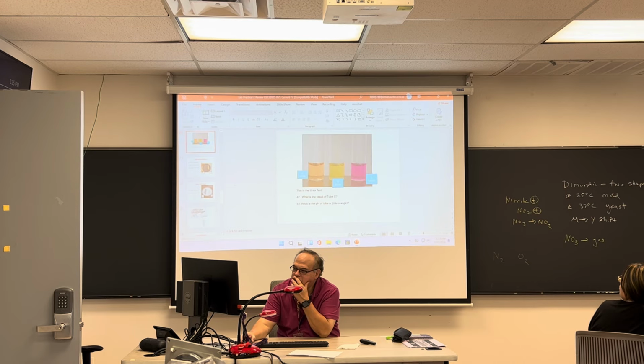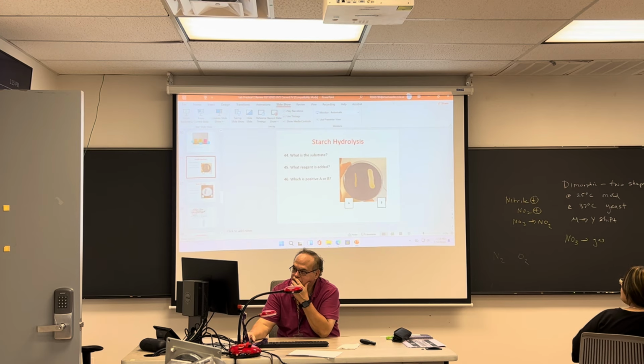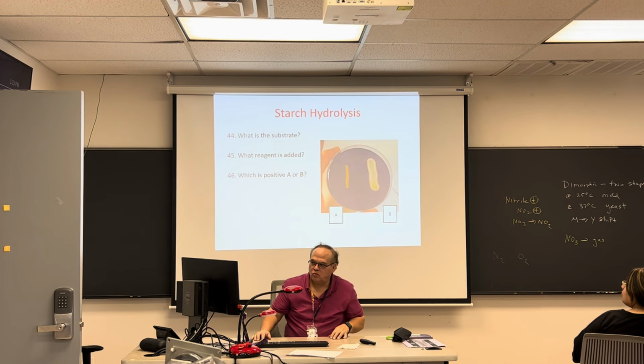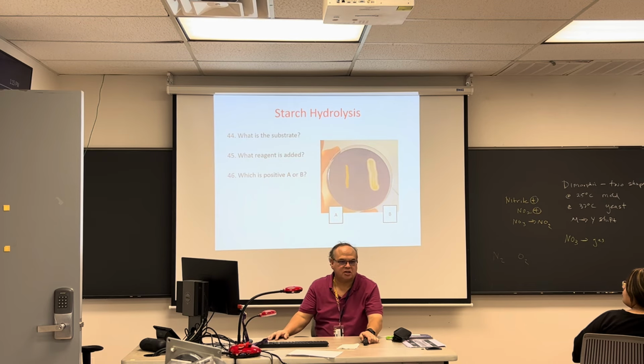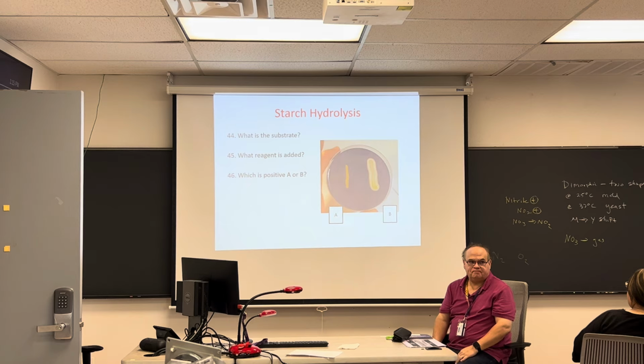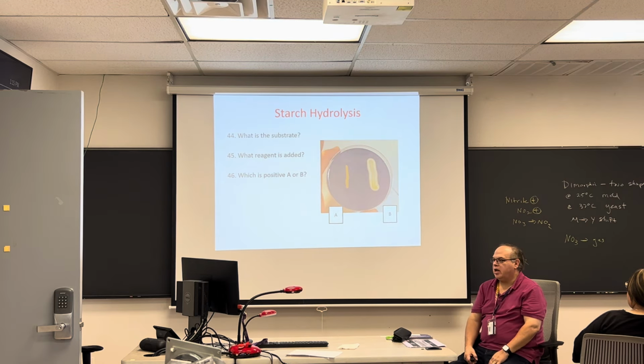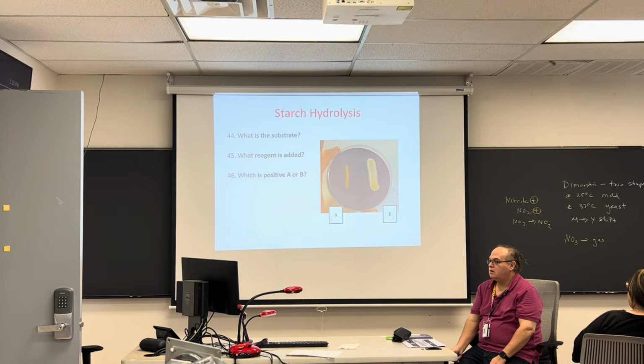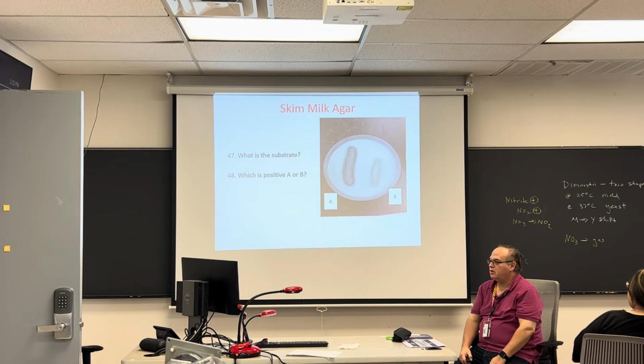Yep, that one. So, there are several in here, so let's just do starch. What's the substrate of the starch hydrolysis test? Starch. What reagent is added? Iodine. A or B, which one's positive? B. And then this is skim milk agar.